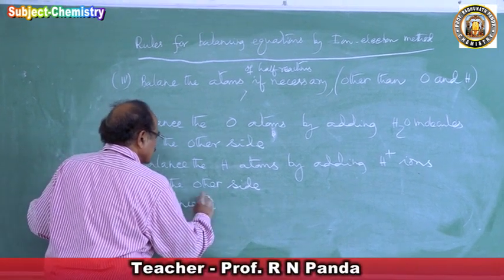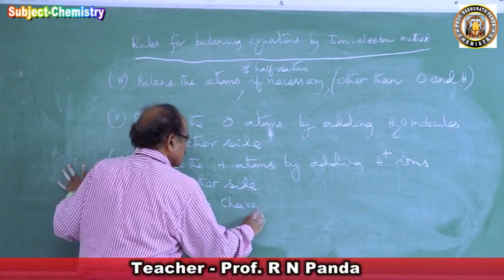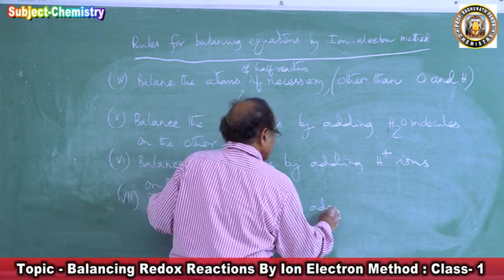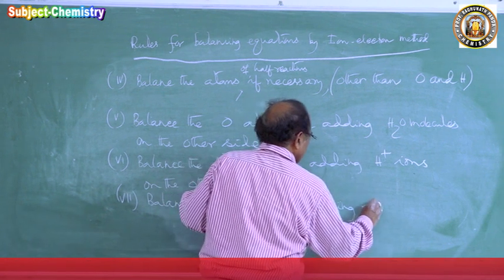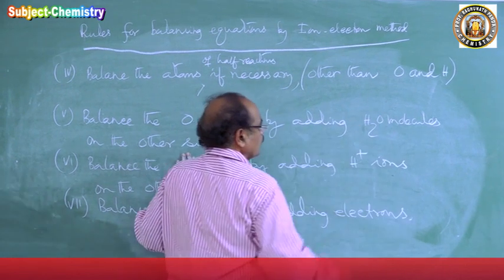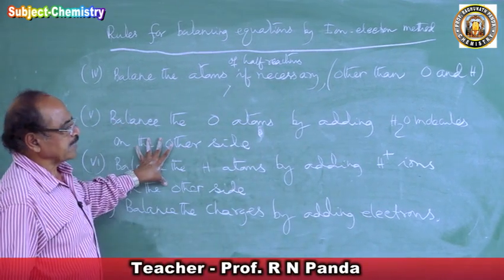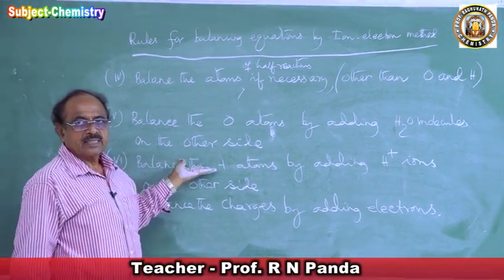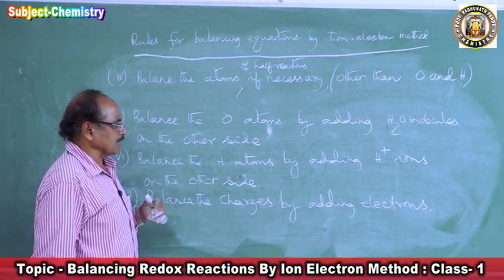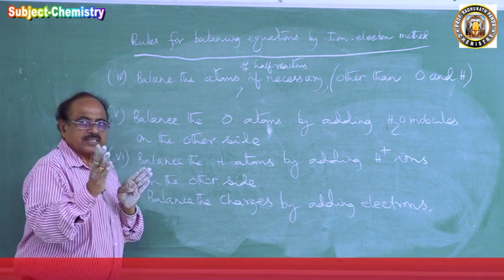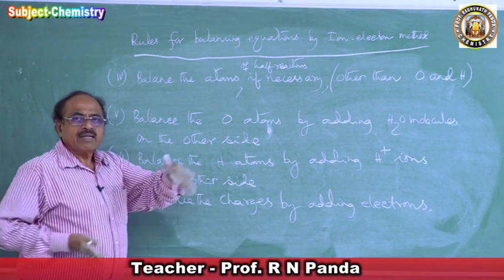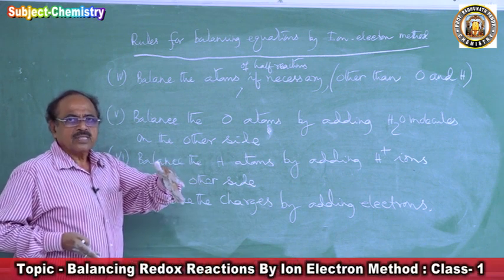Balance the charges by adding electrons. So we have balanced the oxidation half reaction and the reduction half reaction by balancing the electron charges. Now we got the half reaction of oxidation, we got the half reaction of reduction. Then they will react in equivalent amounts.